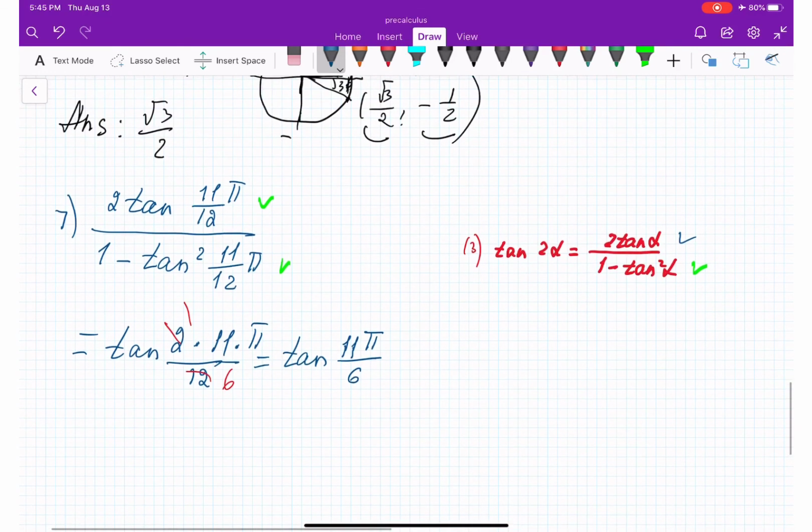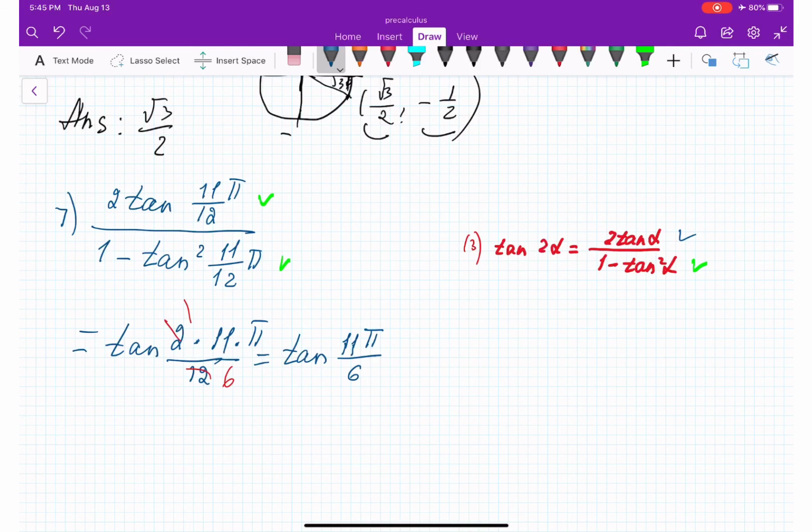11 pi over 6, as degrees, is going to be tangent 11 times 180 over 6. Yes, this is 1, this is 30. So we are getting 330 degrees.